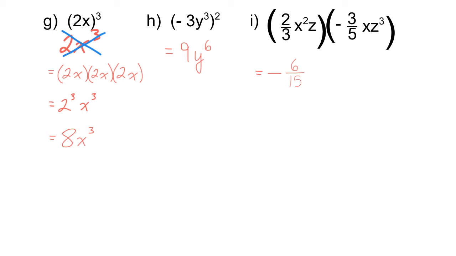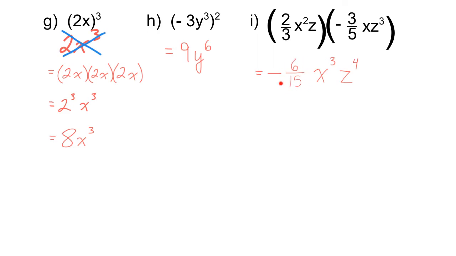Then I have to go look at my x's. x to the exponent 2 times x. Multiplying powers with the same base, I add the exponents. 2 plus 1, that's 3. So x to the 3. And then z times z to the exponent 3. Add the exponents again, so I have z to the exponent 4. Now, anytime you're working with fractions, you always want to make sure that your fraction is in lowest terms.